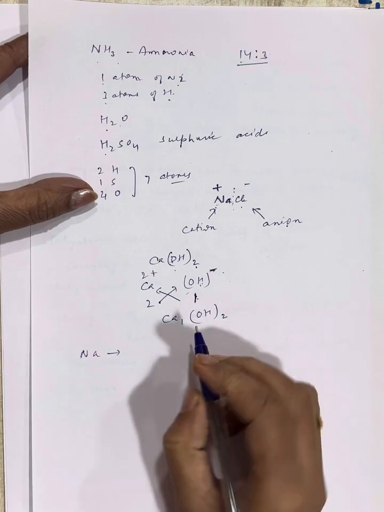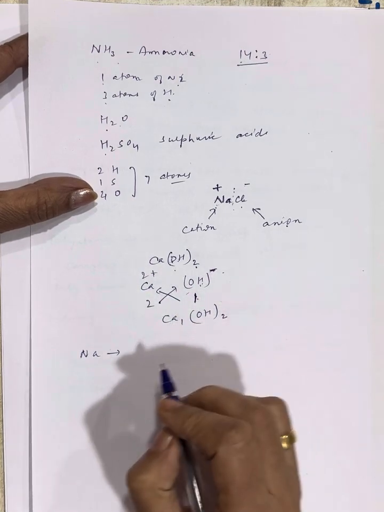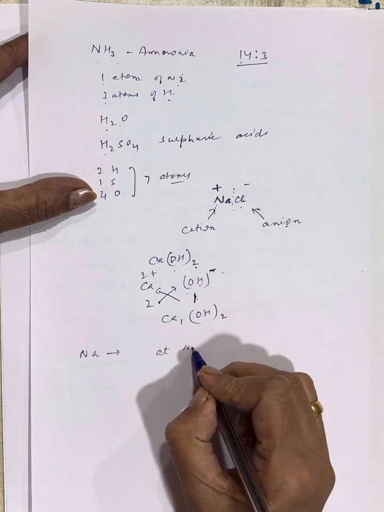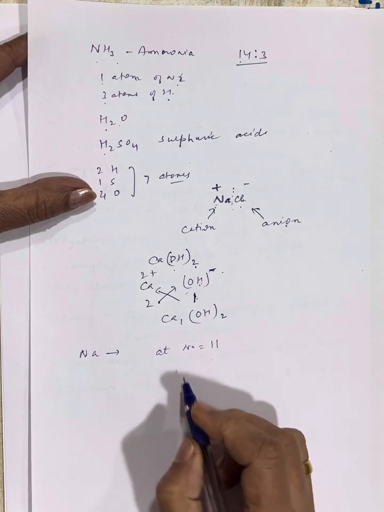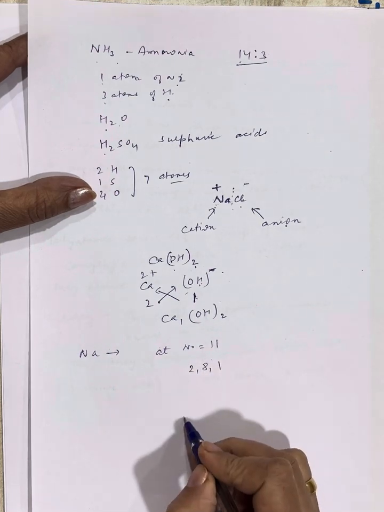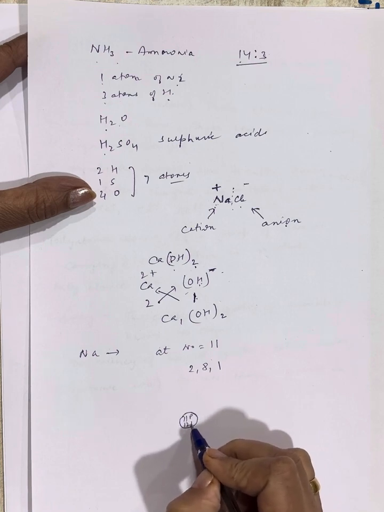So we can take more. What is the valency? Let me help you in this. The atomic number of Na is 11, and its electronic distribution is 2, 8, 1. Inside it is the nucleus having 11 protons and 12 neutrons.